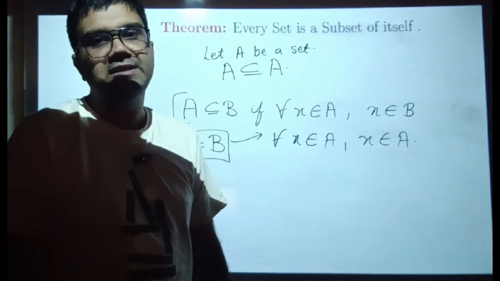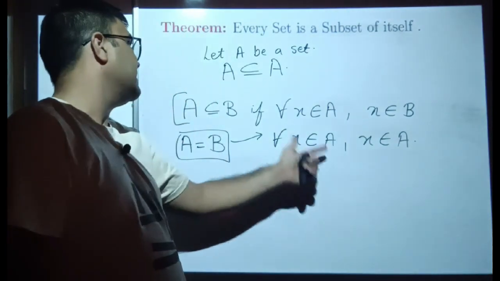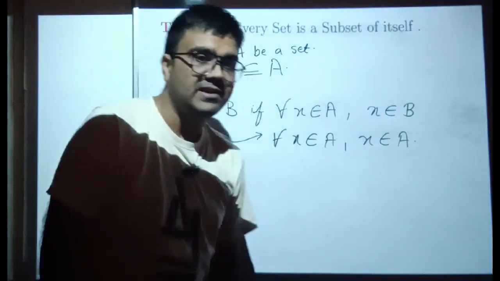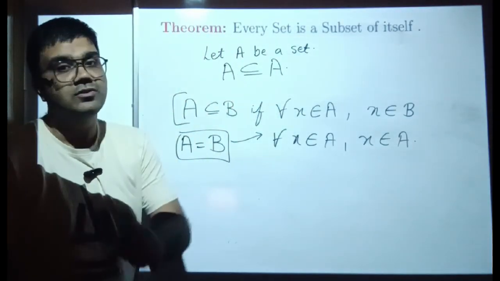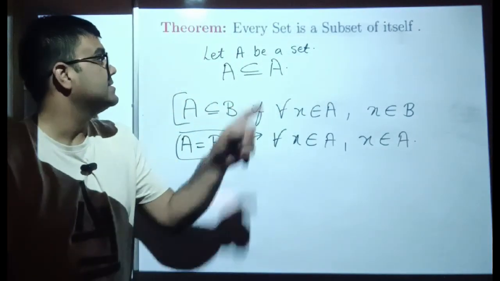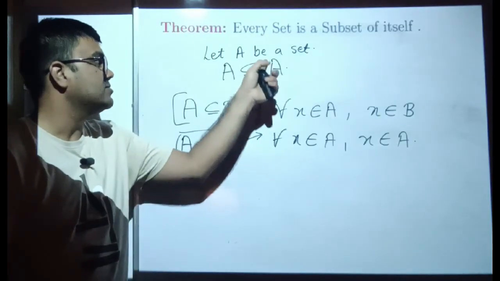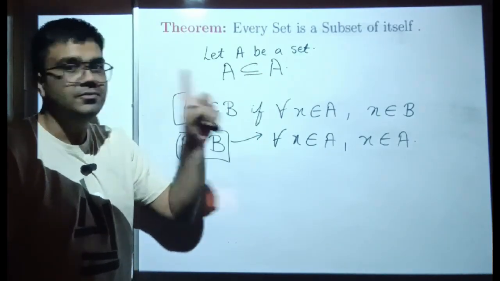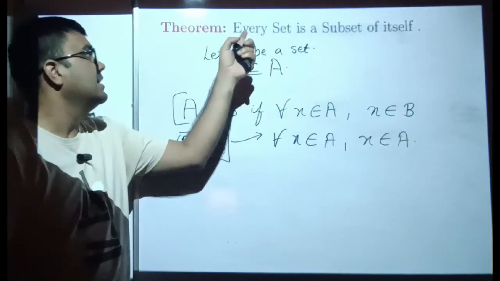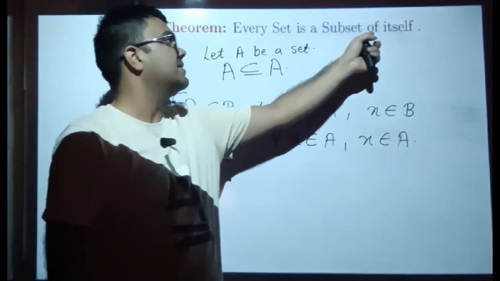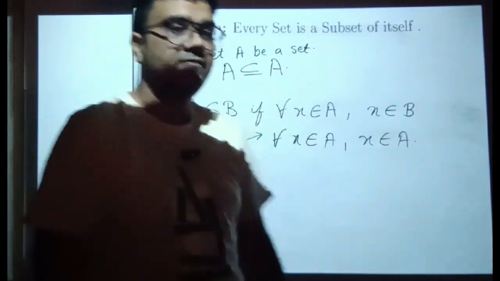So we are saying that A is always a subset of A. We are not talking about proper subset over here. Keep this in mind. This symbol we are using over here is for subset, not the proper subset. So we are saying every set is a subset of itself.